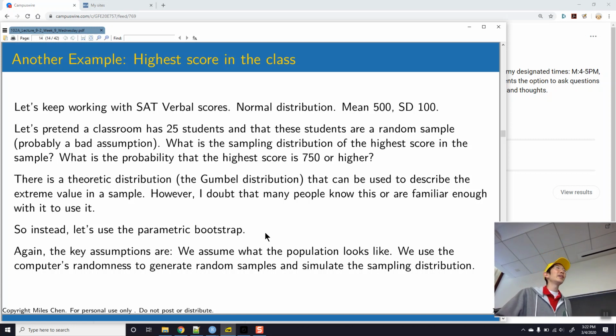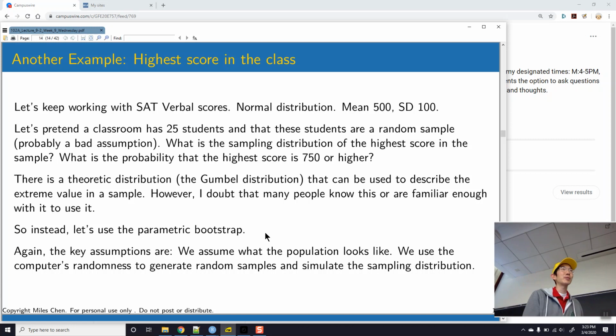You can look up extreme value theorems, and there are all sorts of distributions that can be used to model the largest or most extreme value, or smallest value, in a sample, okay? So we're in a situation where we don't know the theoretic answer, but we can get around this by using parametric bootstrap, right? So all of these things, it's just like, well, I don't know the exact answer, but let's just use the computer's random abilities.